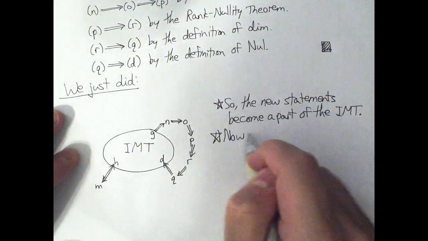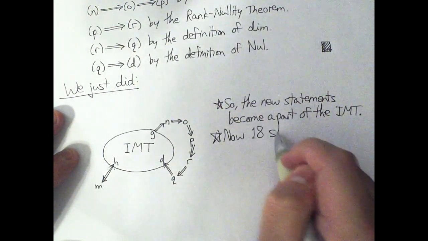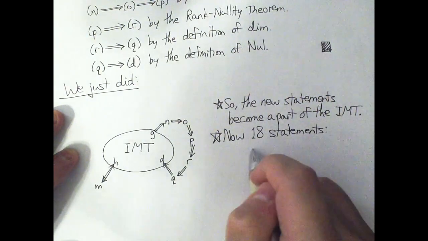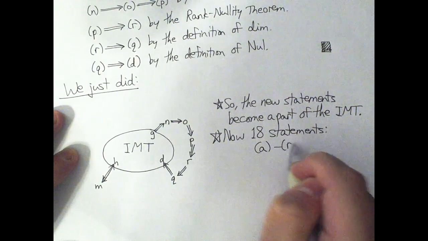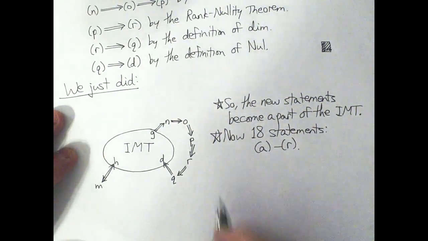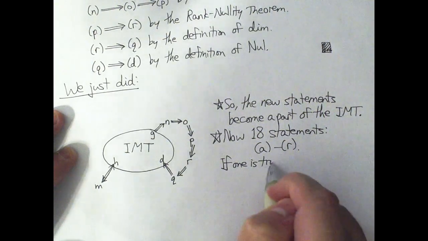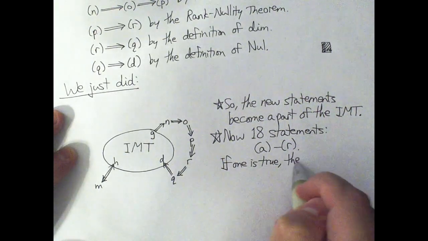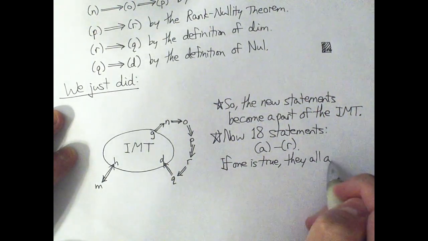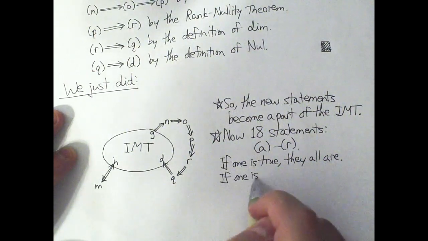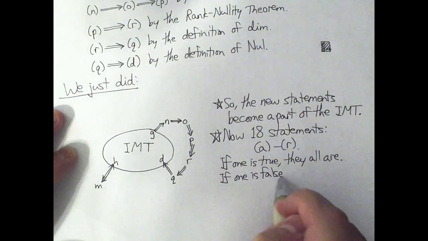Now it has 18 statements, and that's A through R. If one is true, they all are. If one is false, they all are.